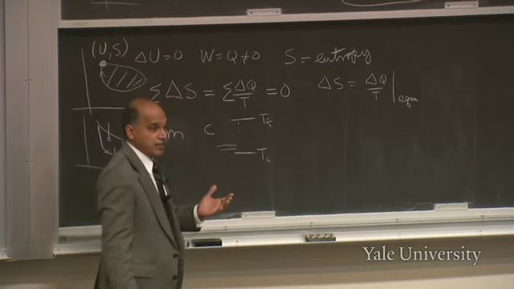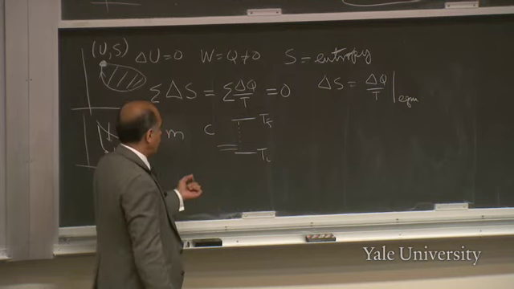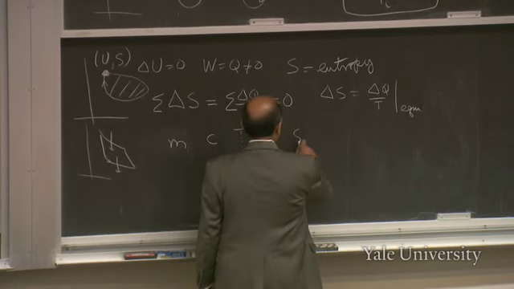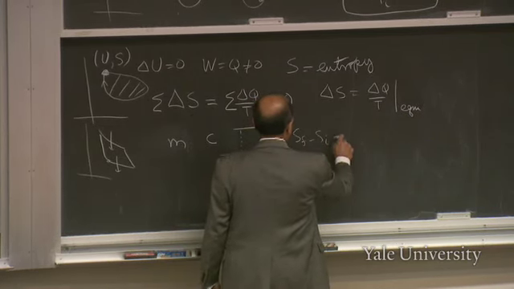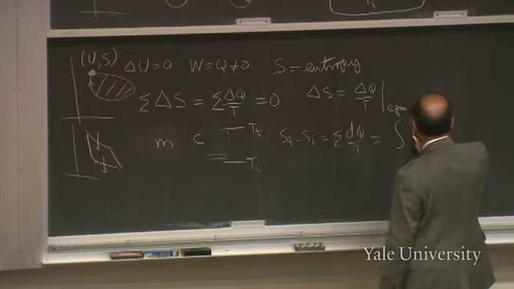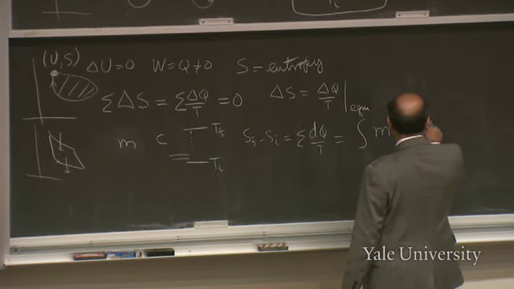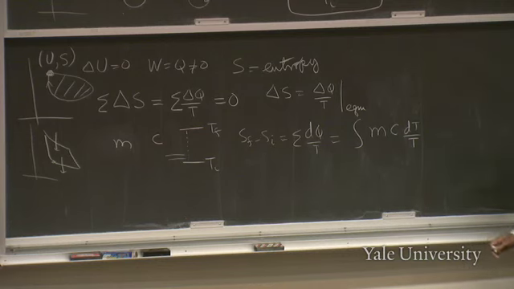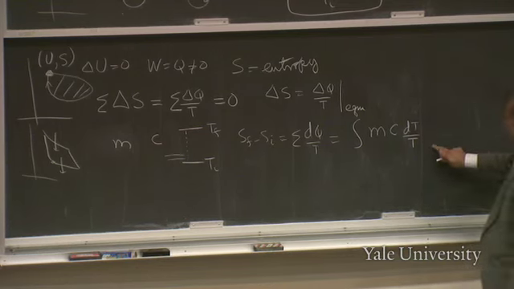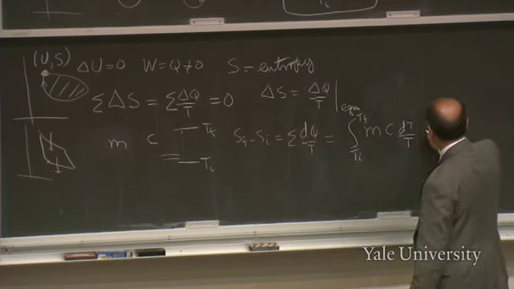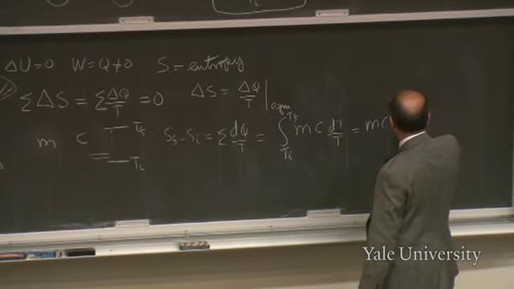At every stage, the system has a well-defined temperature. There's a well-defined heat input, and I want to add it all up. So what's the change in entropy? S final minus S initial is equal to dq over T, summed over all the parts, or I should write it as an integral, as mc delta T over T. Do you see that? dq is mc delta T. But I got to divide by T, and that integral is done between some initial and final temperature, and we can do this integral rather trivially.